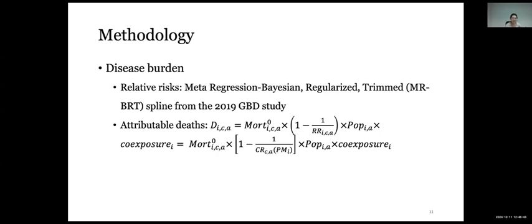Here, the co-exposure factor is an adjustment factor that can isolate the effects of household air pollution and ambient air pollution. As this study focuses on ambient air pollution, we multiply by this factor to exclude the effects of household air pollution. A higher co-exposure factor means a higher contribution of ambient air pollution to the disease burden, and a lower factor means that ambient air pollution contributed a lower share.